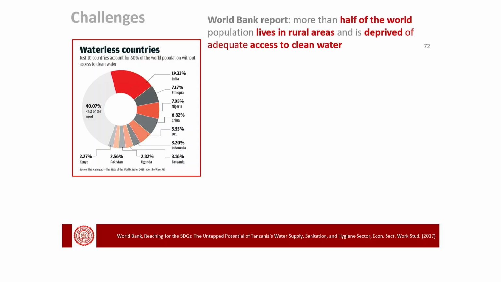The World Bank reports that more than half of the world population lives in rural areas and is deprived of adequate access to clean water to drink. They can't afford advanced filtration systems, such as advanced membrane type filtration and RO filters.